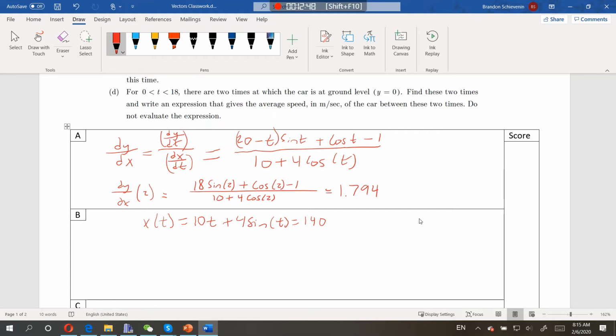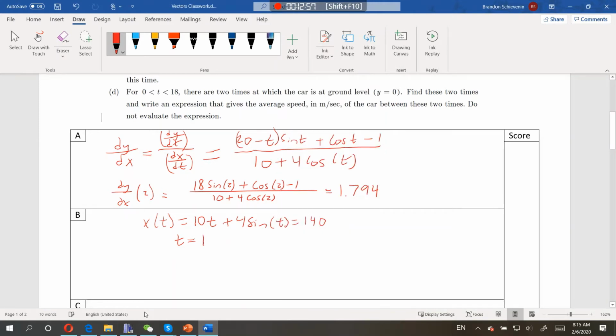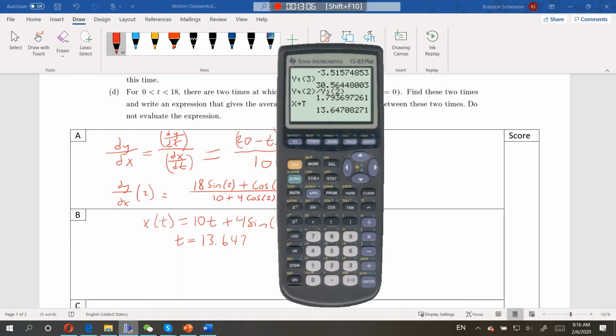And if that's true, then t was equal to 13.647. Copy a couple more numbers, 08271.